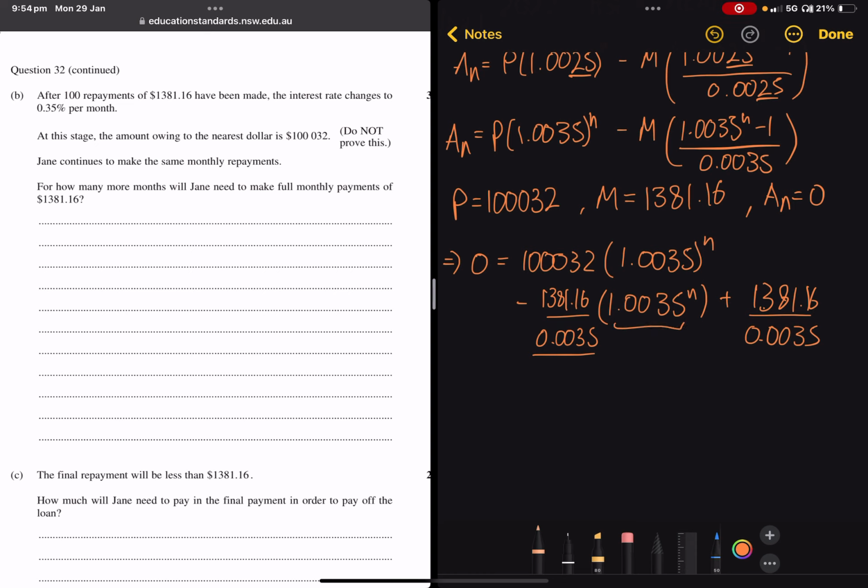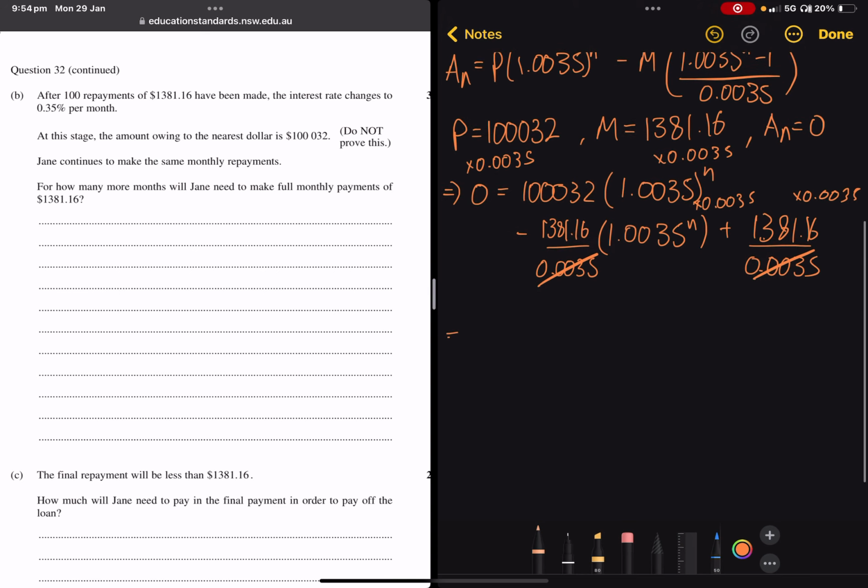Now, this 0.0035 can be simplified into this, but we're actually not going to do that. We're going to multiply everything by 0.0035. So multiply this by 0.0035, multiply this by 0.0035, cancel these by multiplying both of them by 0.0035.